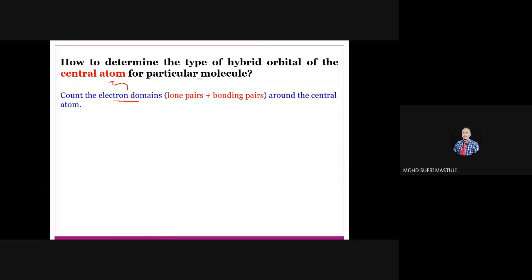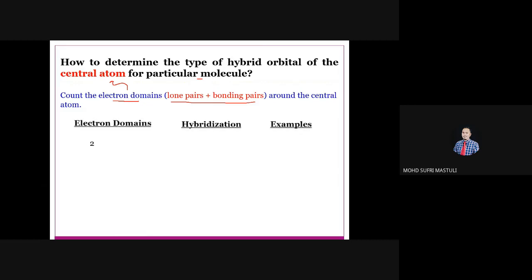As we learned previously, electron domain is lone pair plus bonding pair. So we have to identify how many lone pairs and how many bonding pairs, and then you can decide.